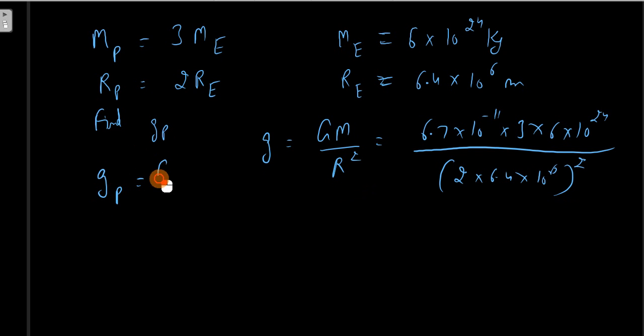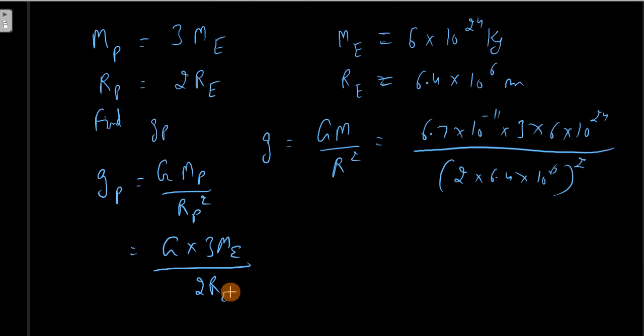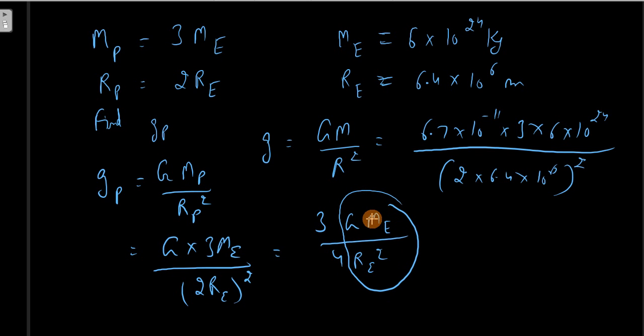What is the value of gp? It is G times mass of planet by radius of planet square, that is G times 3 times mass of earth by (2 times radius of earth) square. So what will we get? We get 3 outside, G mass of earth divided by, what is the square of 2? 4, of radius of earth square. And we know this value is small g for earth, that is GM by r square, that is 9.8.